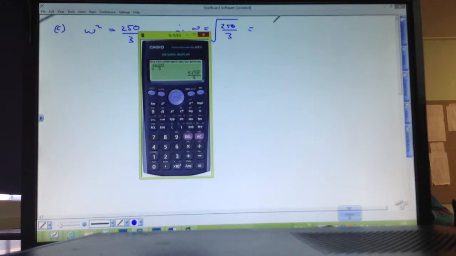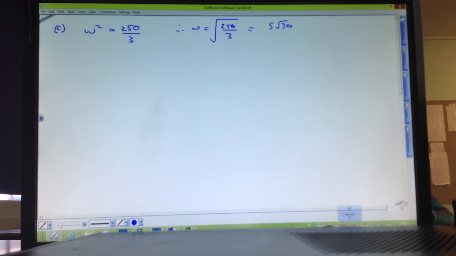So I've got 5 root 30 over 3. And that is, the units of omega is angular velocity. So it's rads per second. Okay. And the amplitude, A, is equal to 0.15 metres.